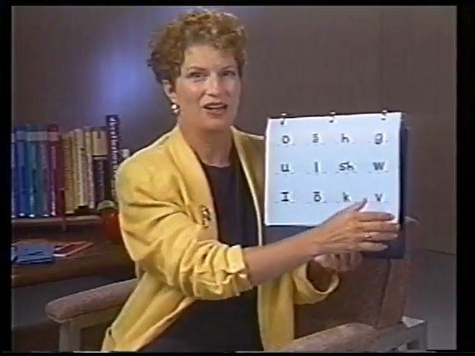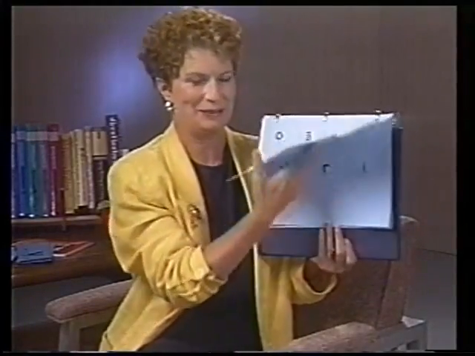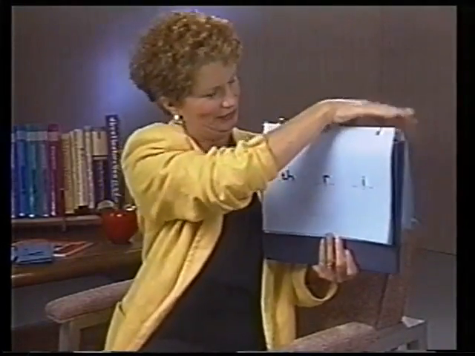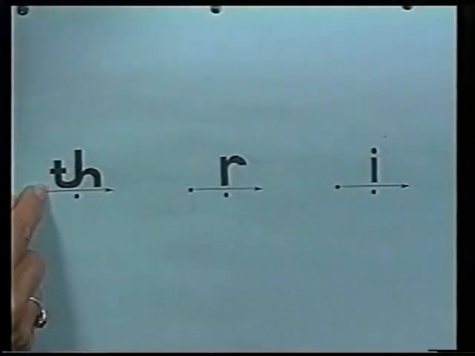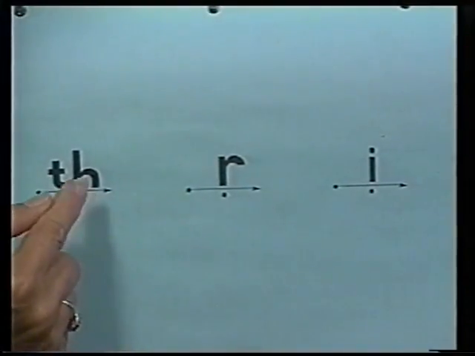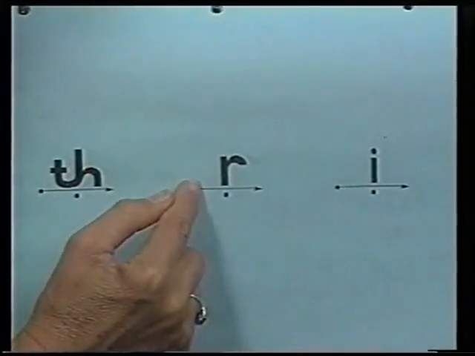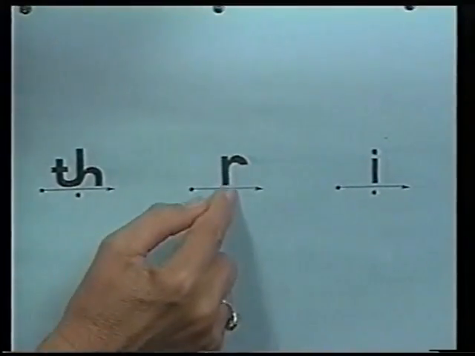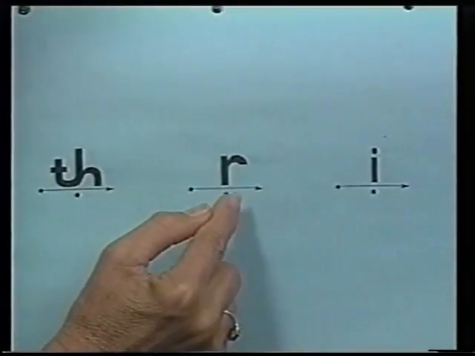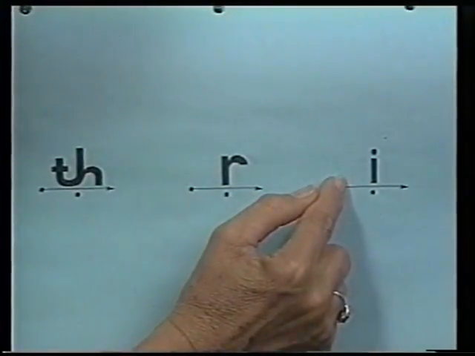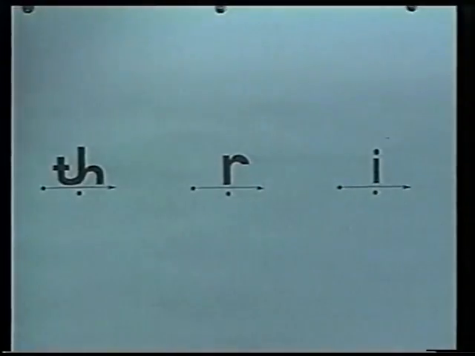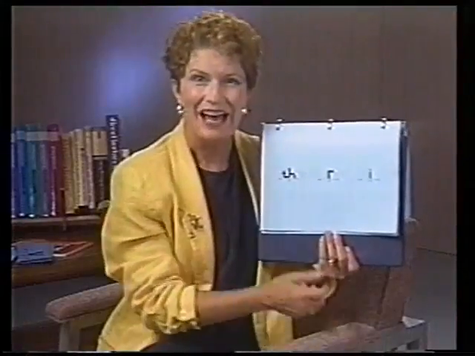Now, a little cumulative review test. Here we go. Get ready. Yes, v. Get ready. Yes, r. Get ready. Yes, I. How are you doing?